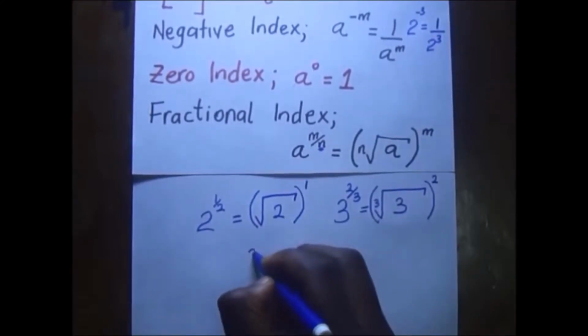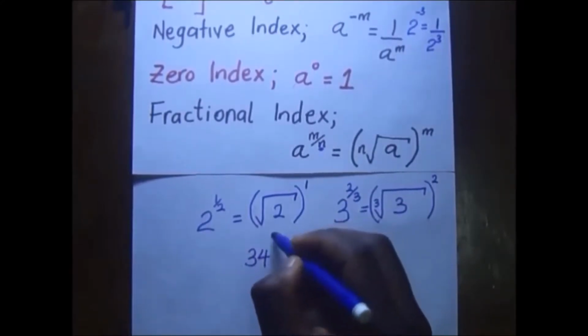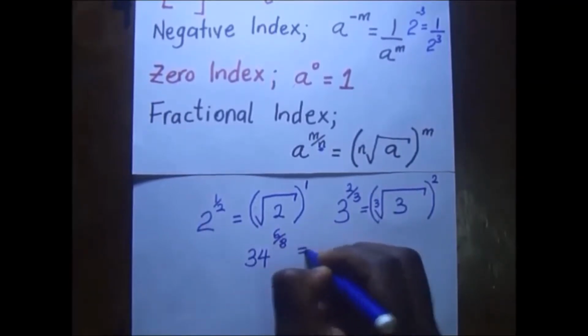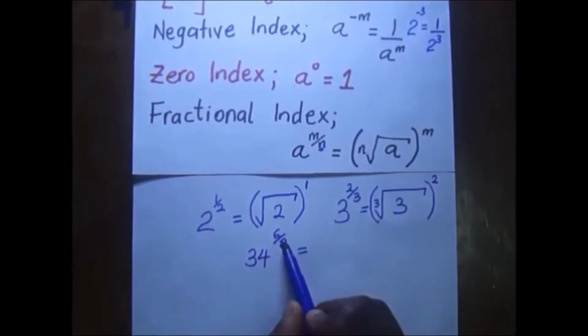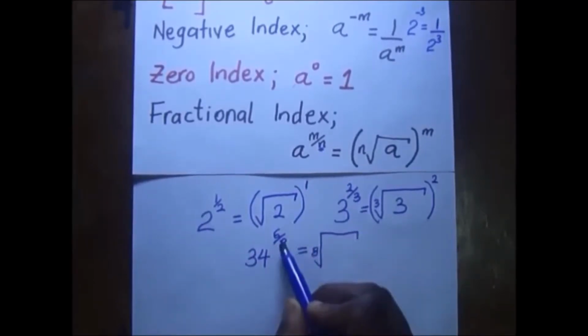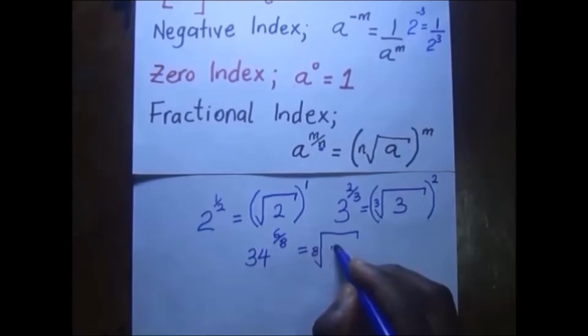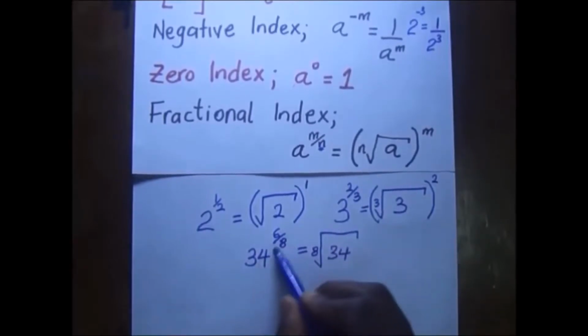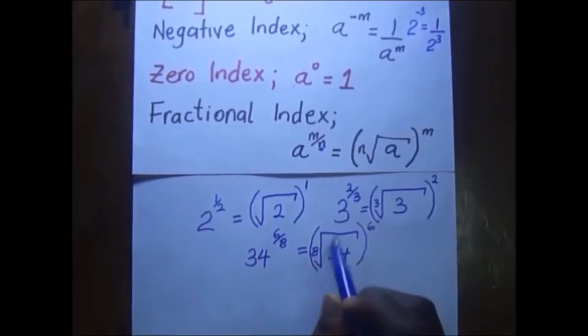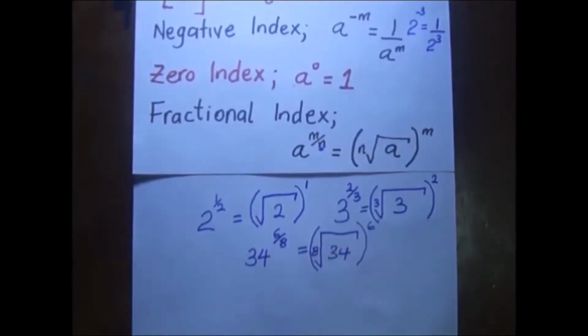If you have 34 to the power 6 over 8, this means it's the 8th root of 34, but all this is to the power 6. That is how we deal with the fractional index.